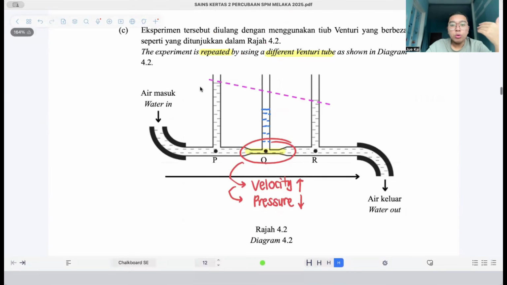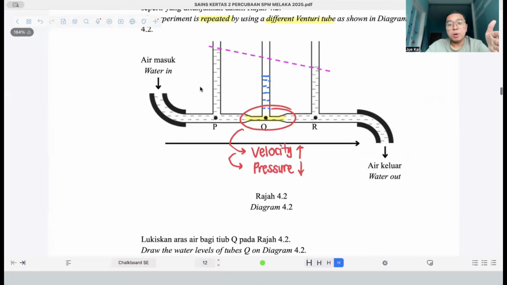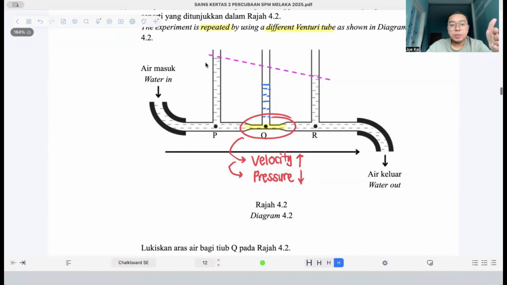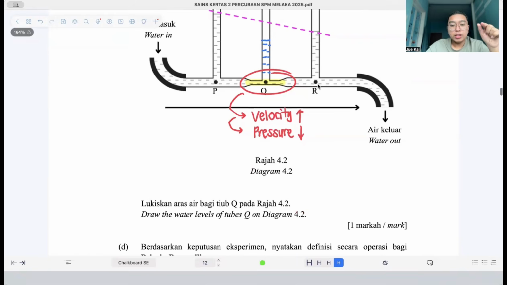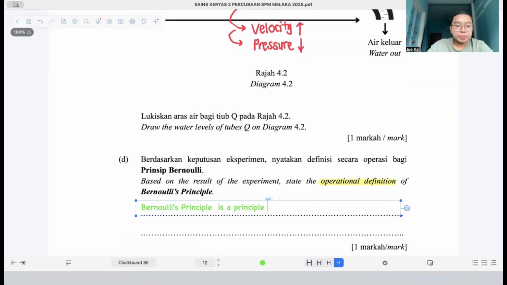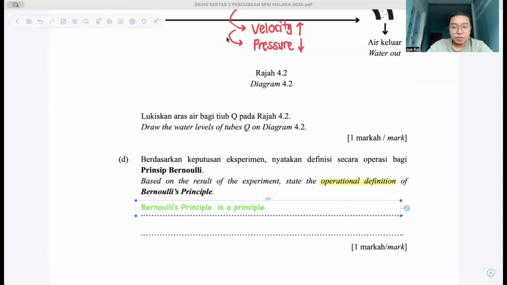So how do you know it is Bernoulli principle? By looking at the water level, my dears. Since the water levels are different, you can obviously see that that is Bernoulli principle.